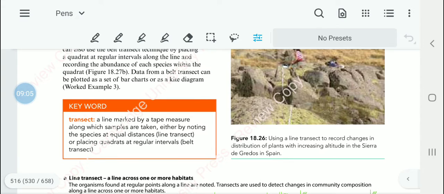Next, placing quadrats at regular intervals along the transect and comparing their abundances. Put a dash and write down belt transect.